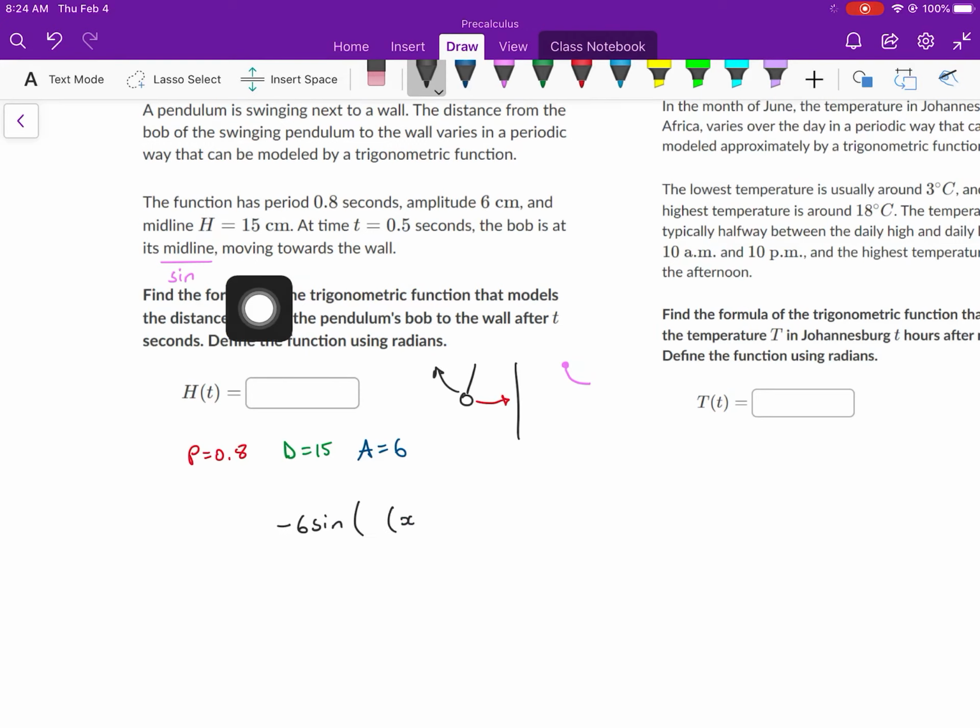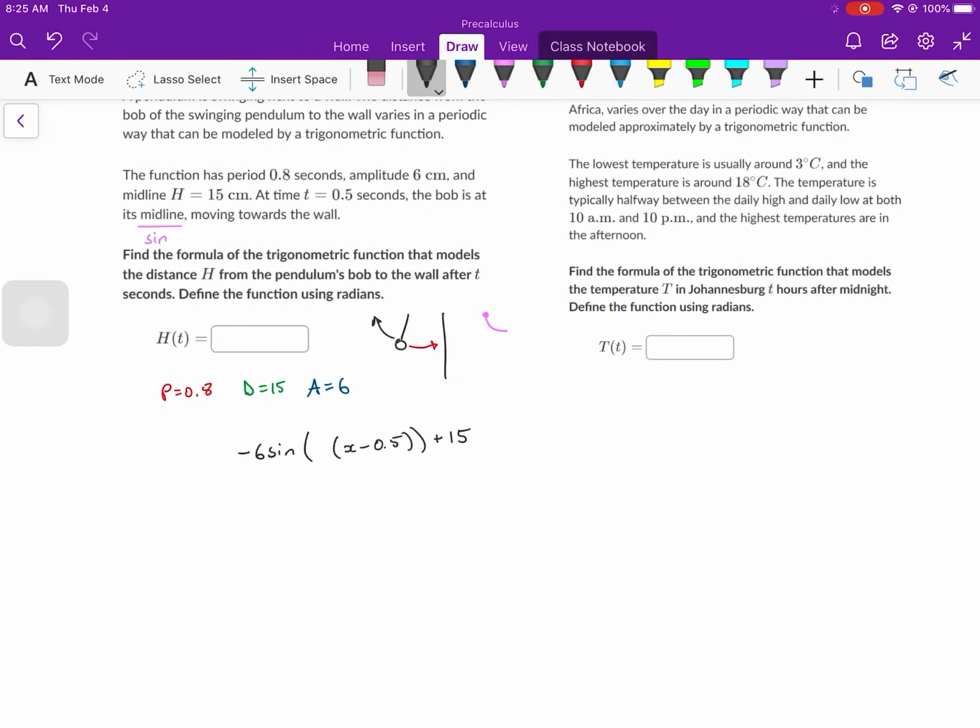It's been shifted to the right because we're starting at 0.5 seconds. So we're shifting to the right 0.5 seconds is where we're starting this. And we're at the midline of 15. So we just need to figure out what is b.